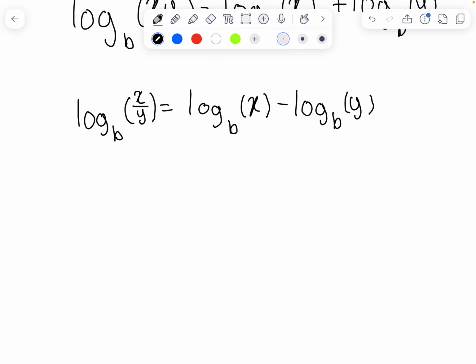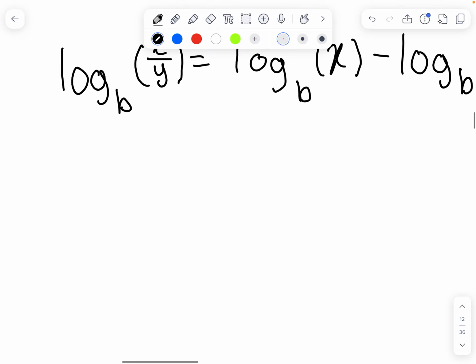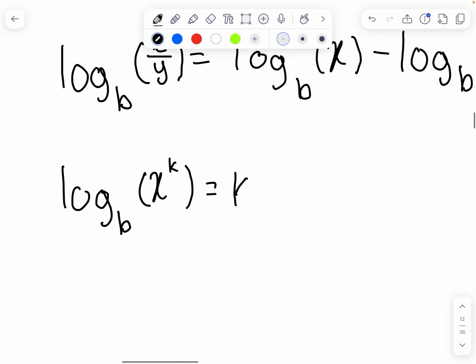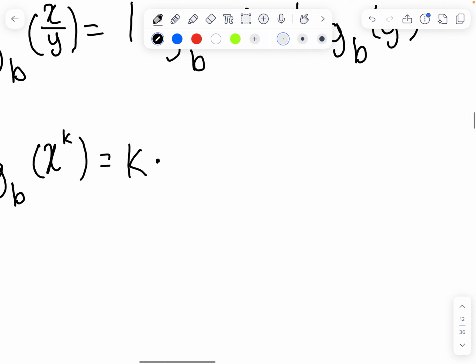And for our final rule, it is the power rule. The power rule is stated as log base b of x to the power of k is equal to k multiplied by log base b of x.